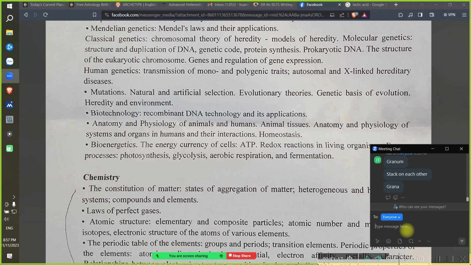Exactly. Lumen is the fluid inside of the thylakoid. And stroma is the fluid inside of the chloroplast. The chloroplast has two membranes.